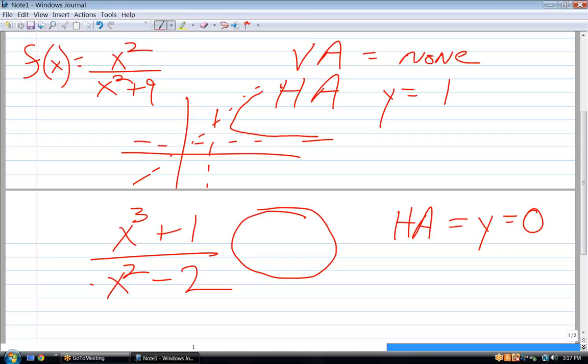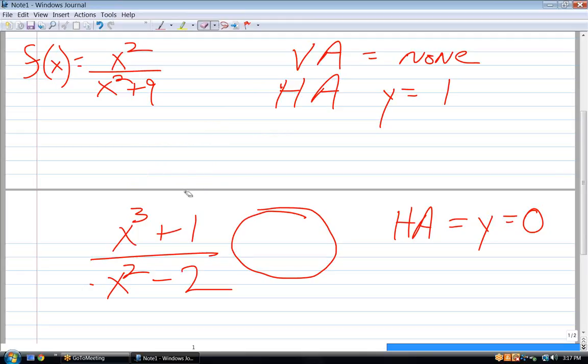It's asymptotic to that oblique asymptote. And whenever you have the numerator exactly 1 degree higher than the denominator, like this, the quotient is the equation of that oblique asymptote. You have some remainder, but you can ignore the remainder. The important part is the definition of that oblique asymptote.